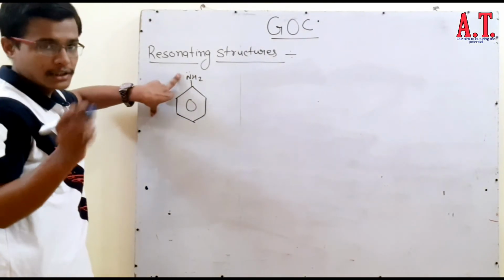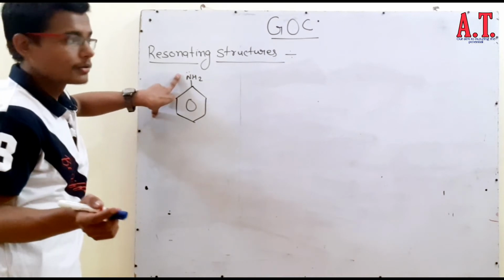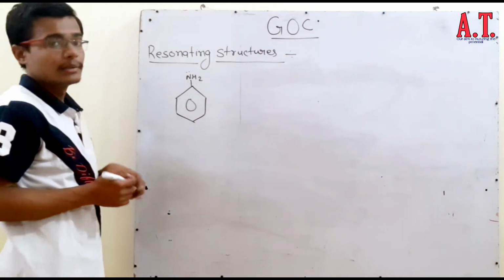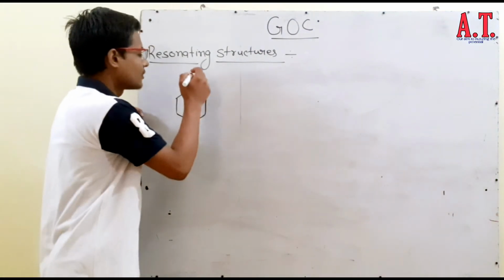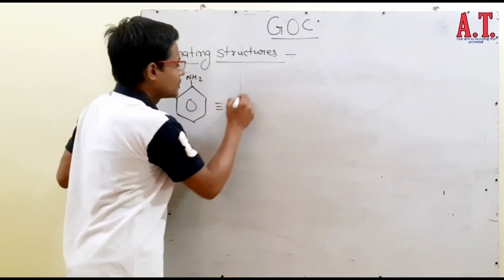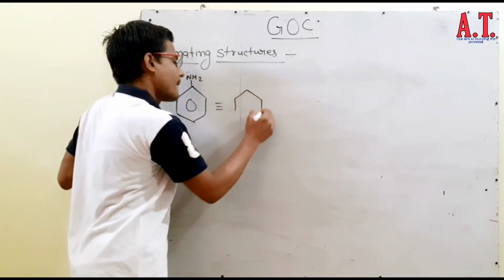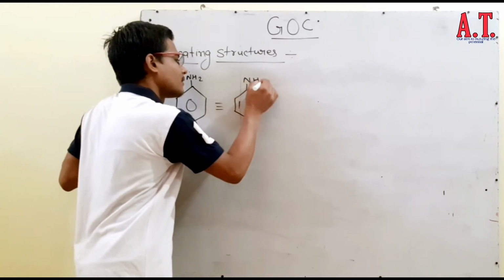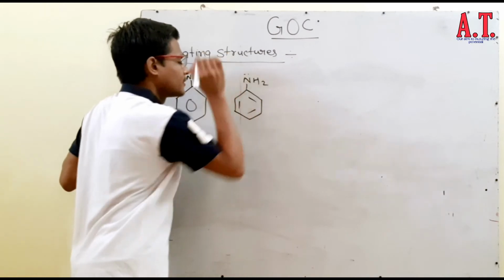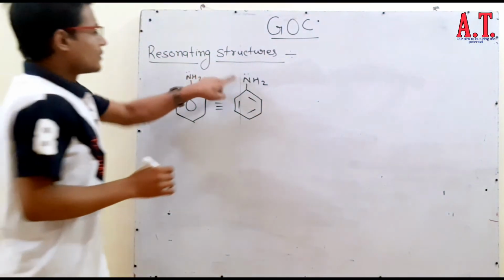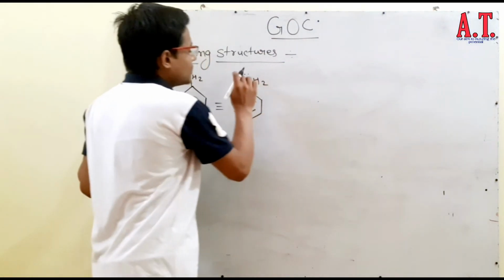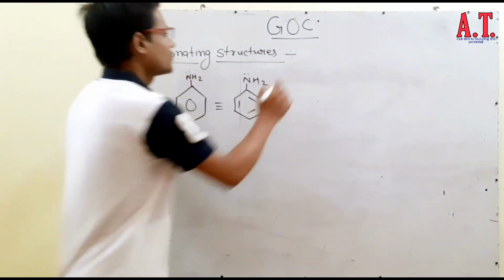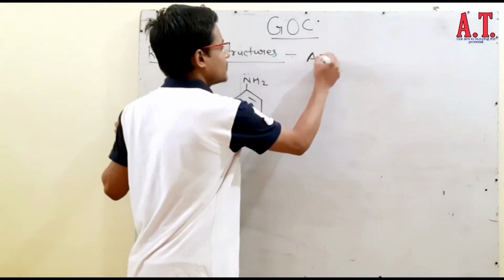It is a highly activating mesomeric group. It shows the mesomeric effect on the ortho and para positions of this benzene ring. So it can also be written in this way. Is it right? When you draw the resonating structure where a lone pair and pi bonds are involved, this is the form.